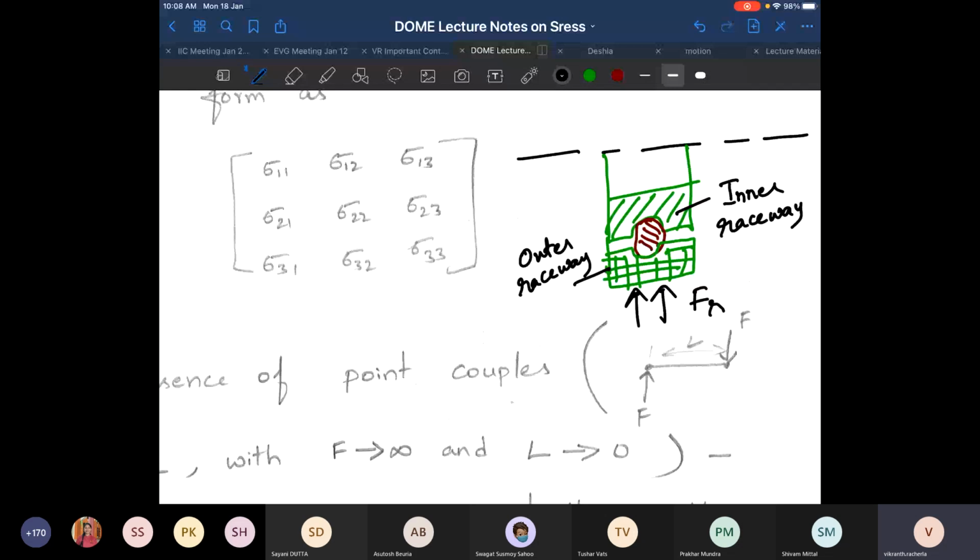And this is my roller. I do not want any of them to undergo permanent shape change when I am subjecting the bearing to the radial load. Now what would be the kind of stress which the material would be encountering on the raceways and the roller?